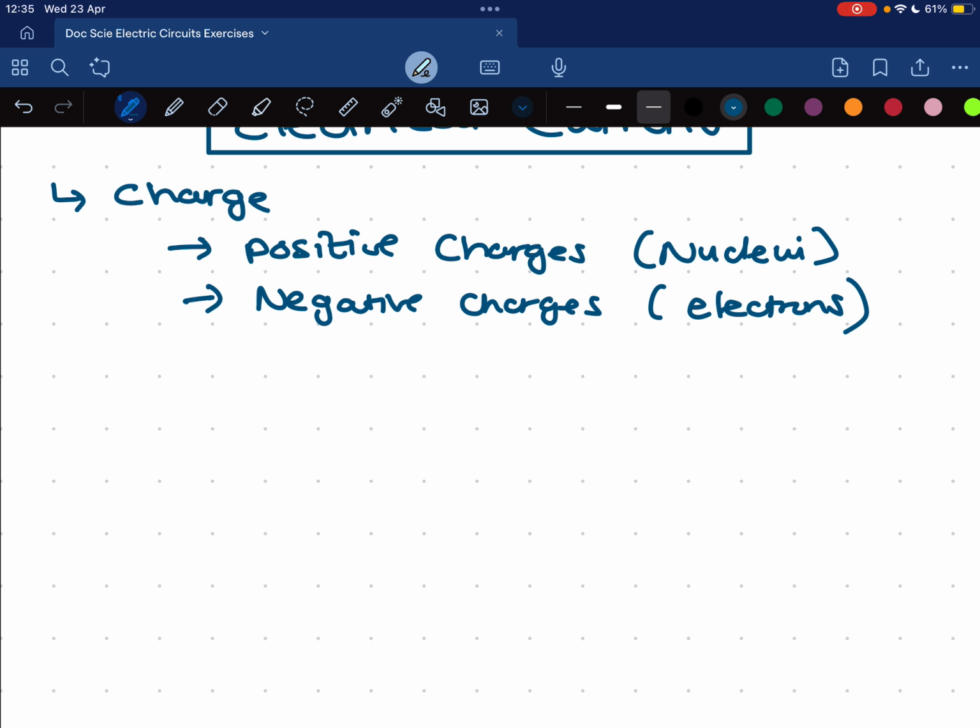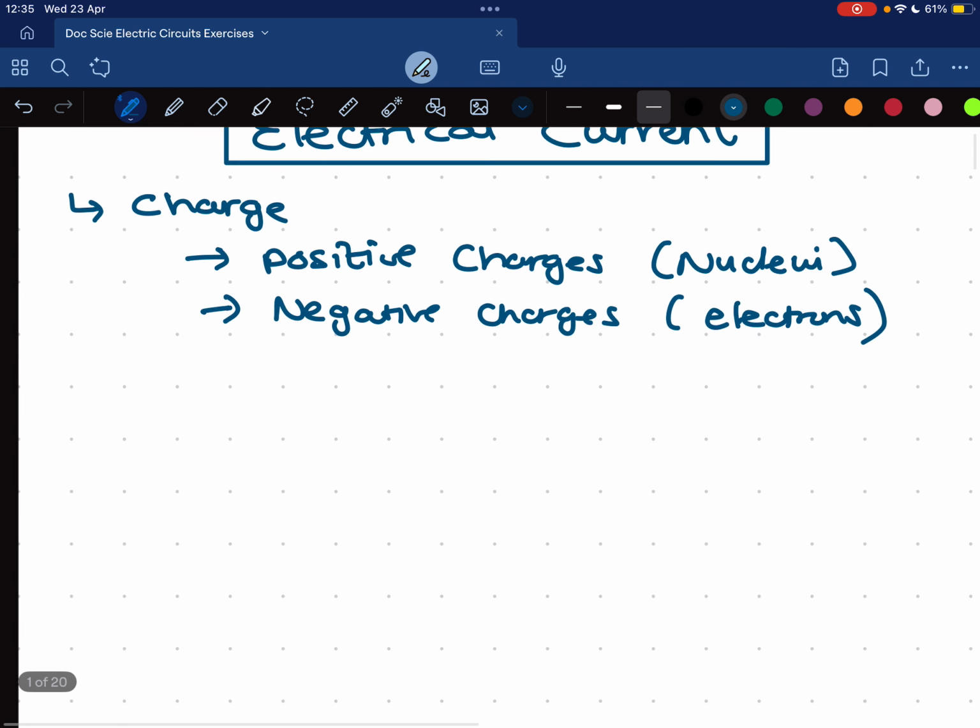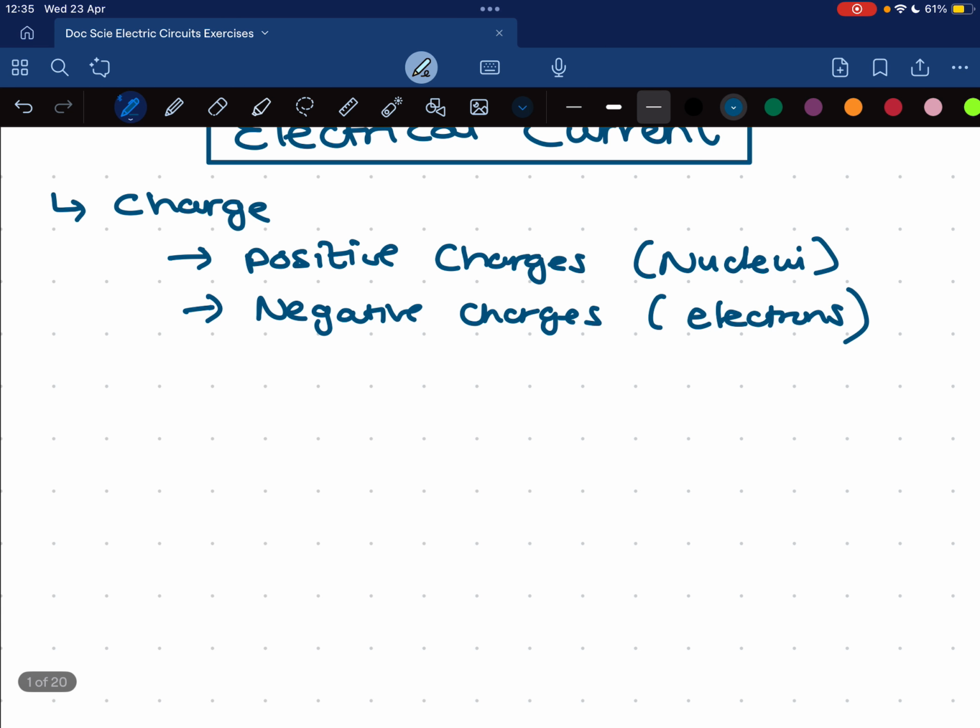So with electrical charge now, in order for static electricity to differ from regular conventional electricity or current electricity, it is not just the charge, but rather it is the movement of charge. Now, the movement of charge will take place through the movement of electrons.